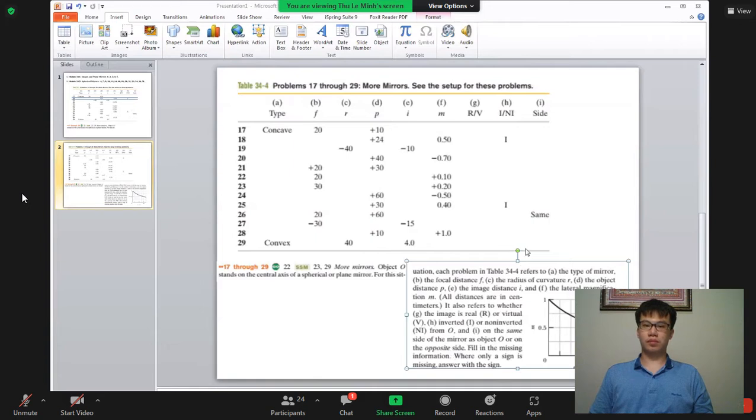So you should fill in same or opposite. Do you understand what you should do?